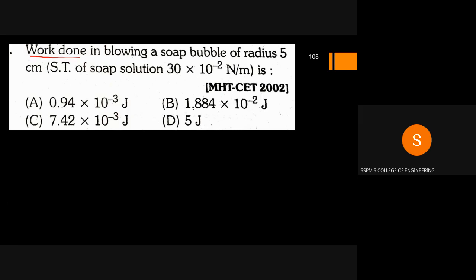Okay, refer to the next question. Work done in blowing a soap bubble of radius 5 centimeter. So the soap bubble has an initial radius of 5 centimeter. The surface tension of the soap solution is 30 into 10 to the power minus 2 Newton per meter.